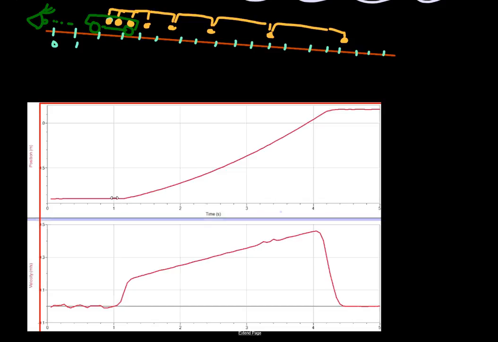Why is that? Well, if you look at 1 second intervals, you can see that the amount of distance covered from 2 to 3, which is represented by this value right here, is smaller than the distance covered between 3 and 4, which is represented by this value.